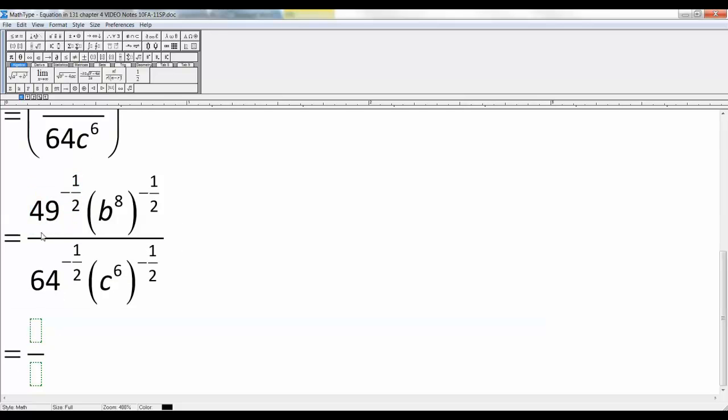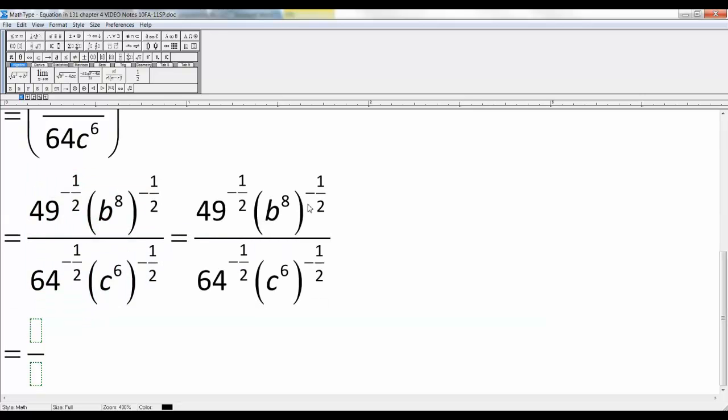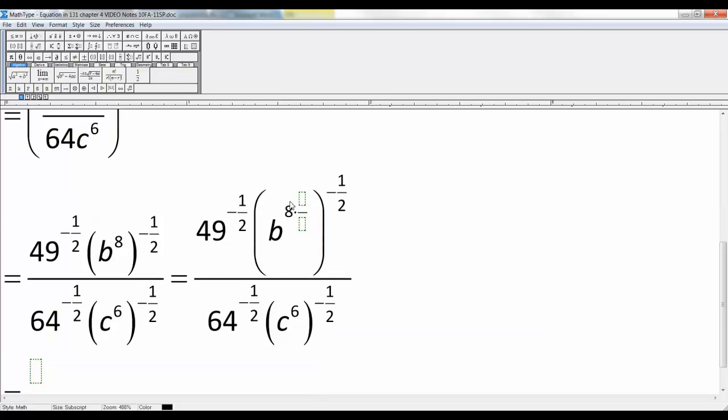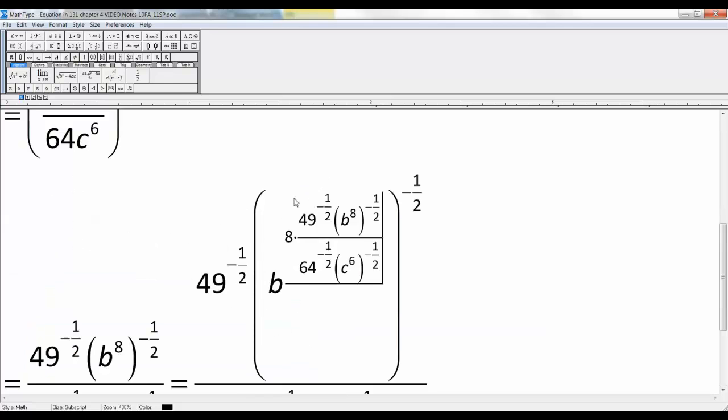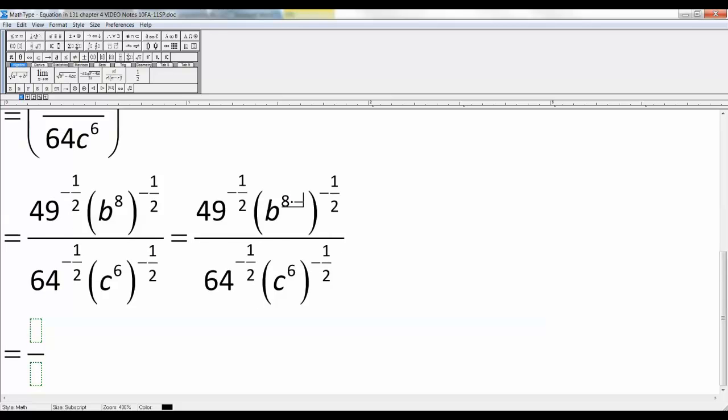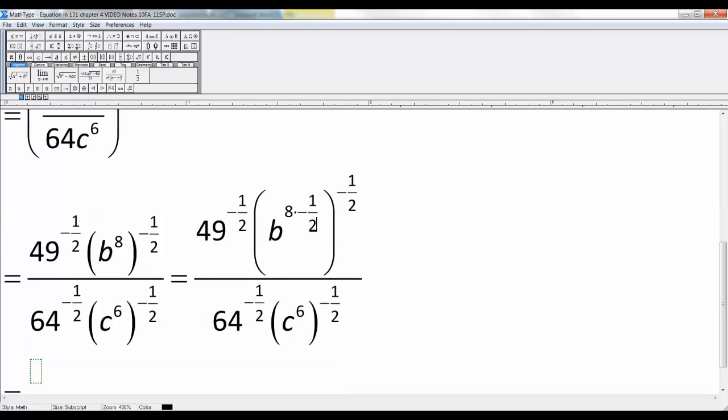I'm just going to write it again. Hold on. Here, we're going to simplify down just a little bit. This is going to be 8 times a negative 1/2. You're going to multiply. Negative 1/2. You're multiplying those suckers.